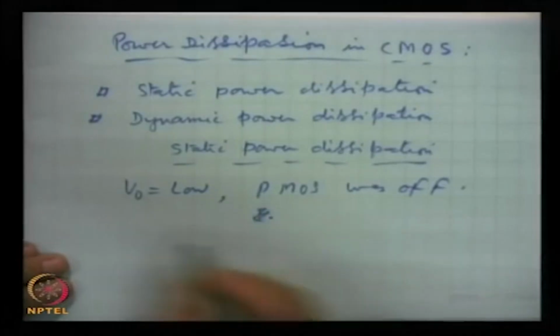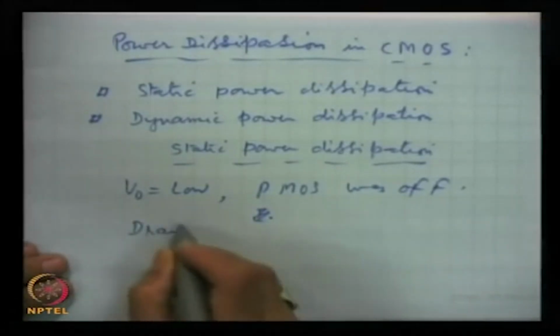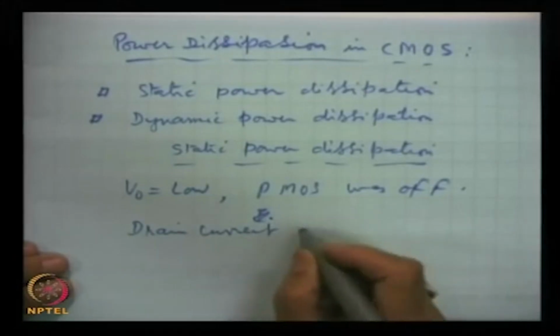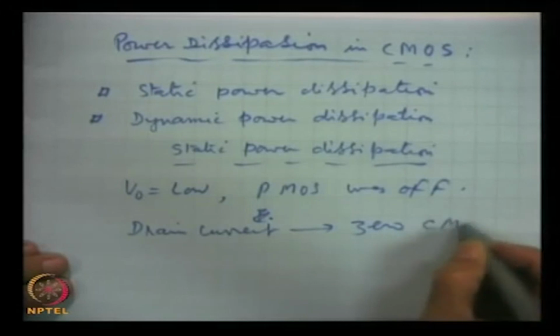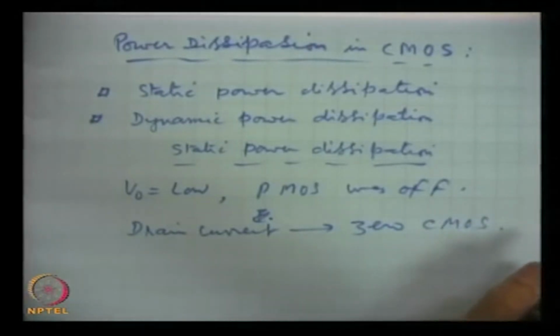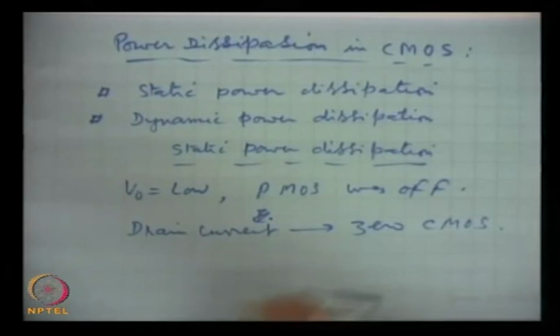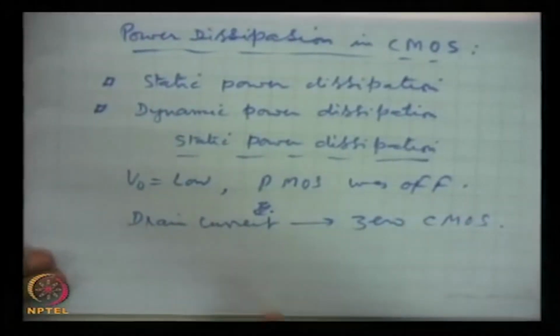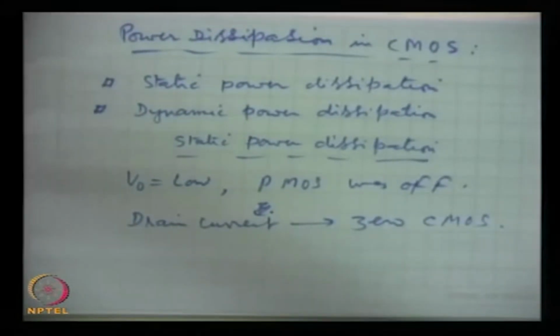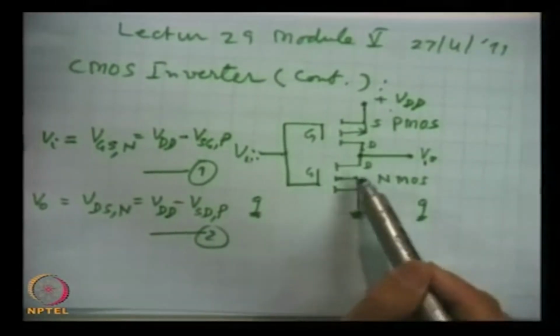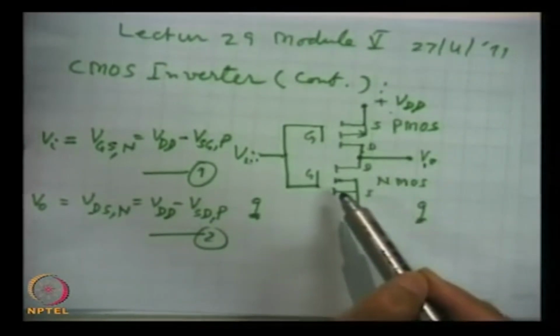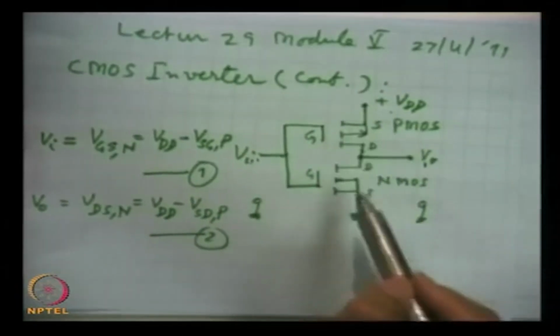In fact, the total drain current was 0 in the CMOS. And similarly, when it changes state the other way, the drain current was still 0. In either case, this is off, this is on, but the drain current is 0, or when this is off, this is on, still the drain current is 0.